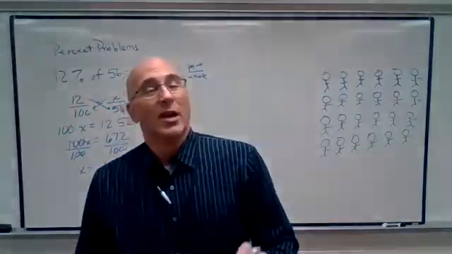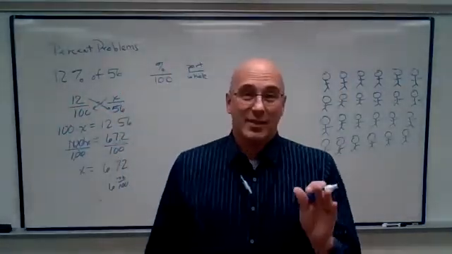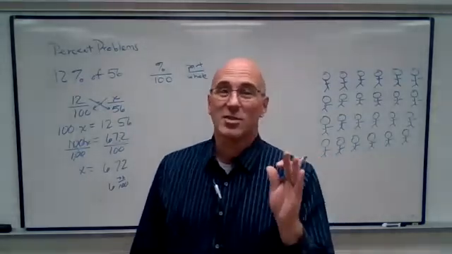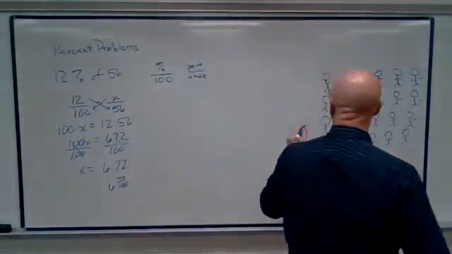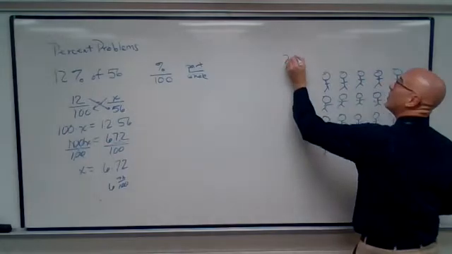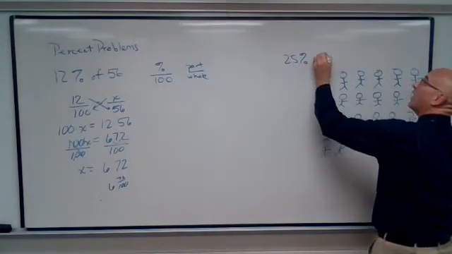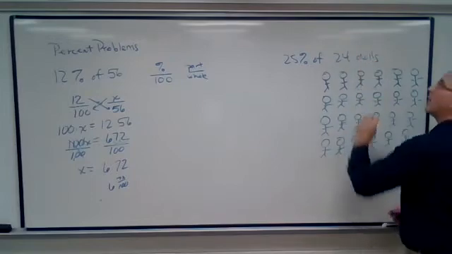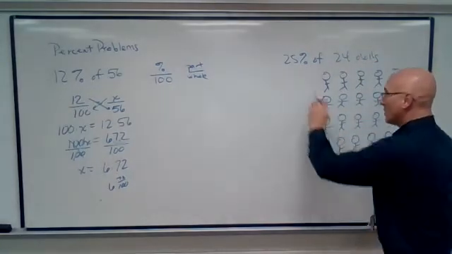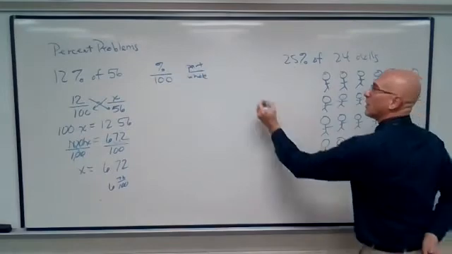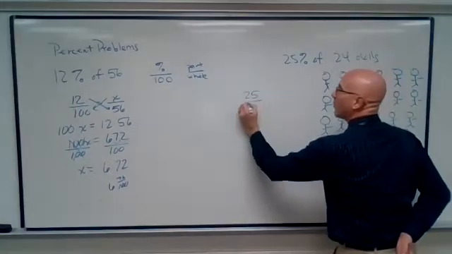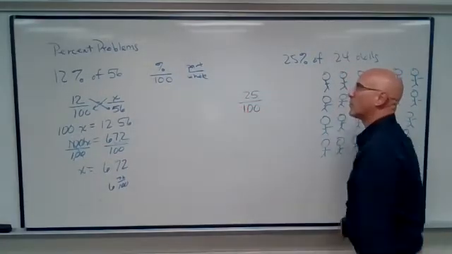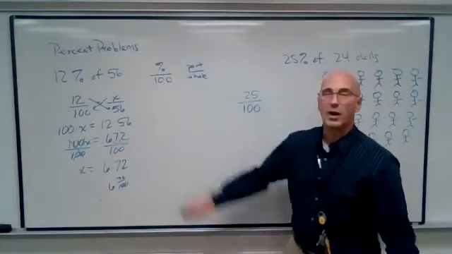25% have dark hair. So 25% of my 24 dolls. That's what I am trying to find. 25%, we can write it as a ratio, 25 over 100, the percent over 100.